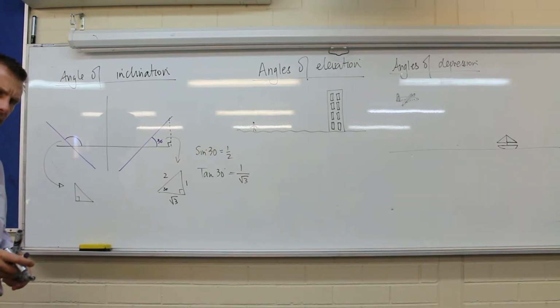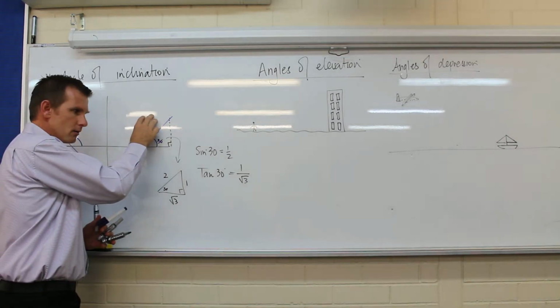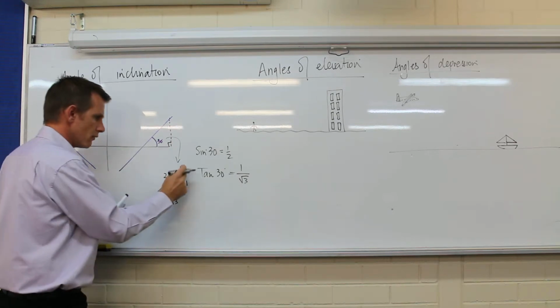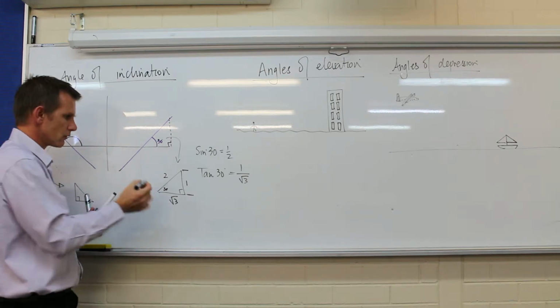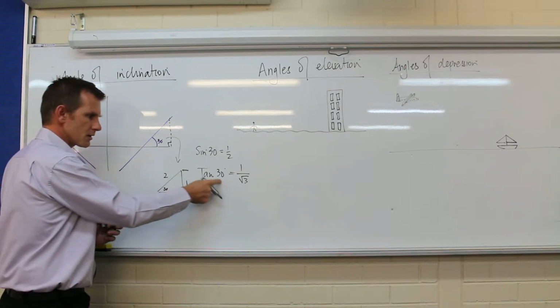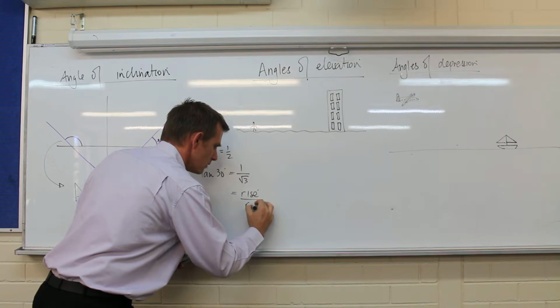Now the idea of doing tan there is important because if I wanted to know the gradient of this line, gradient is rise over run, isn't it? So isn't the rise just this dimension there? And isn't the run just this dimension here? So isn't the tan really equal to the rise over the run?